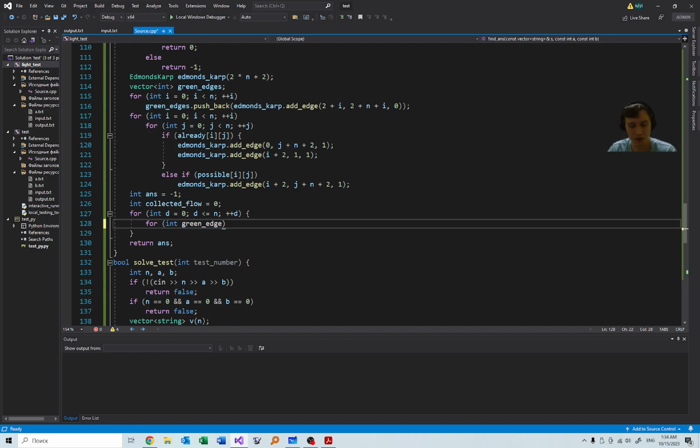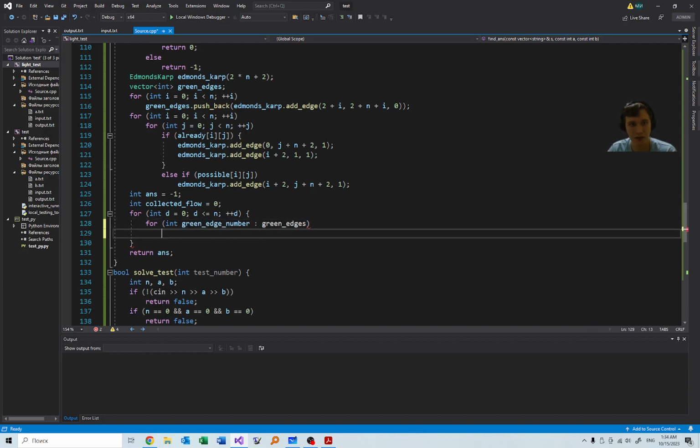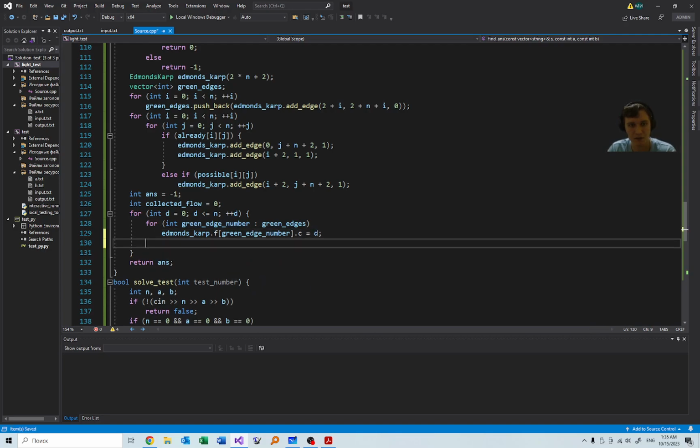Green edge, number of green edges, and I say that Edmonds-Karp dot edges green edge number dot capacity equals d. Yes.